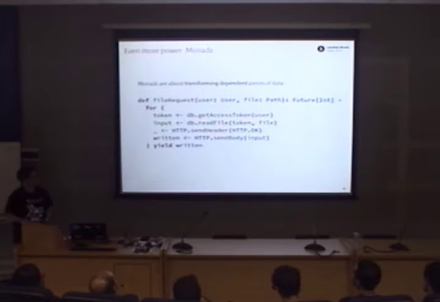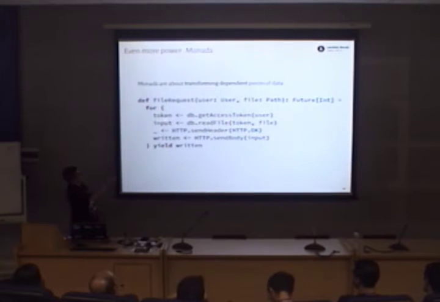So you get some access token from somewhere, and then depending on this token, you can call the database interface to give me that file, and then you send the header, and then, I don't know, something happens. So the interesting bit here is that the second line crucially depends on the value of the first line. So you cannot execute the second action before the first action has been completed.